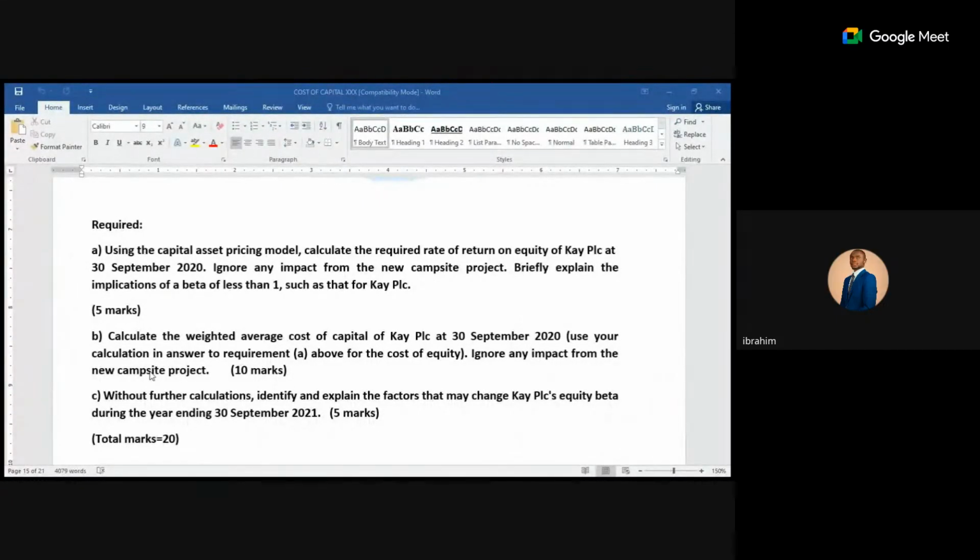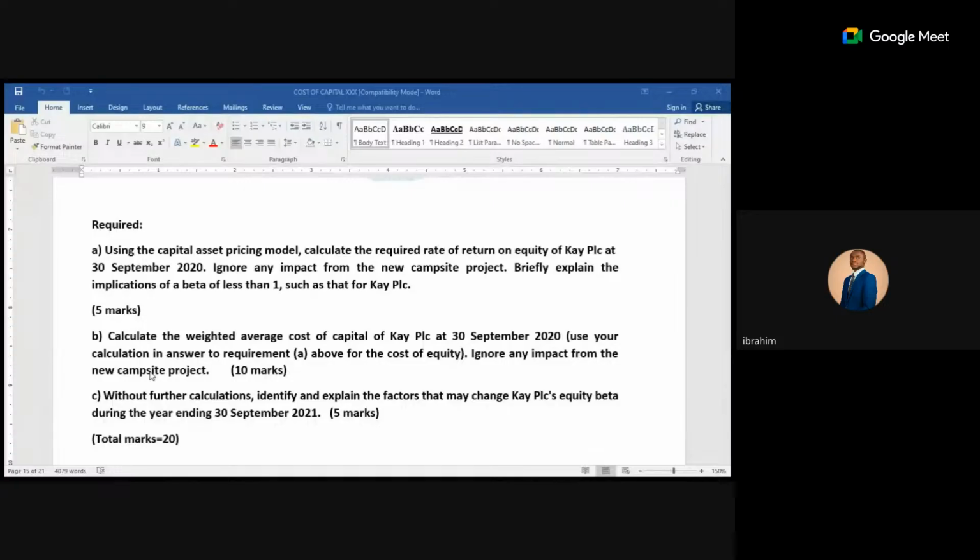And briefly explain the implication of a beta of less than 1. When beta is less than 1, there is always an implication to the company. When beta is greater than 1, it also has an implication.